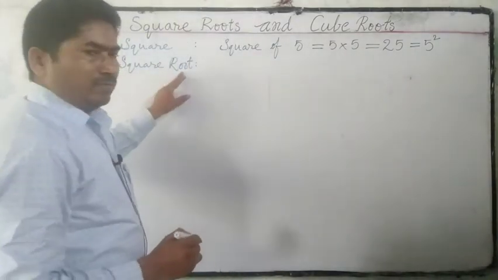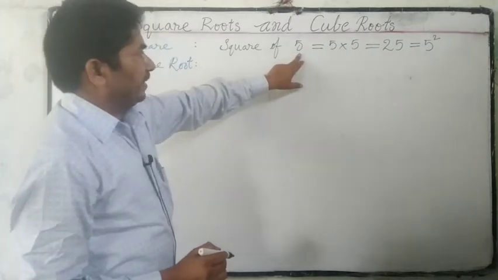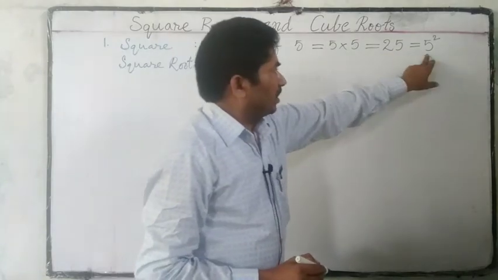Next, square root. What is a square root? The number 5 is called square root of 25 or square root of 5 square.